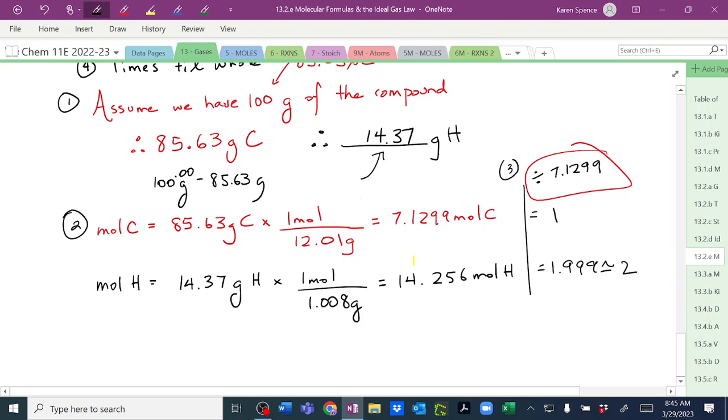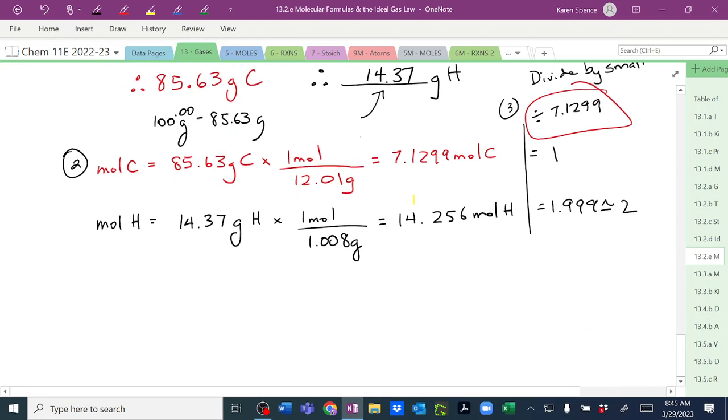So that's step 3. Find the mass, mass to mole, divide by the smallest. And the final thing is, if we do not have whole numbers, we would have to multiply until we got whole numbers.